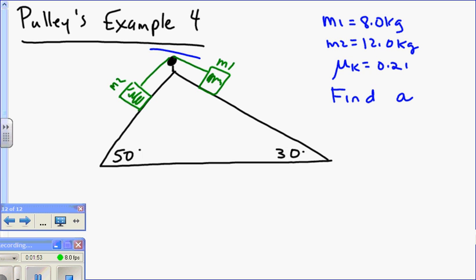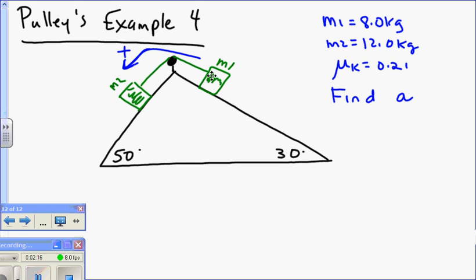So this becomes what I call my positive direction of motion. And the nice thing about pulley problems is there's really only one direction of motion, meaning there are no x and y components we need to worry about. We just need to treat this as moving in one direction, which is this way.